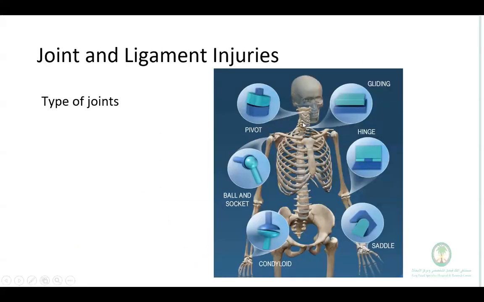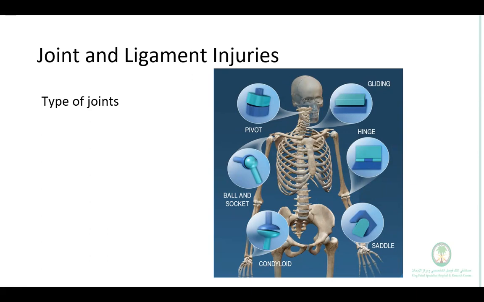You know, we have many joints in your body, and each joint is unique compared to the other one. The most common types of joints: we have a hinge joint, like the elbow. The type of joint that's very common, like the knee and the elbow, is a hinge joint.